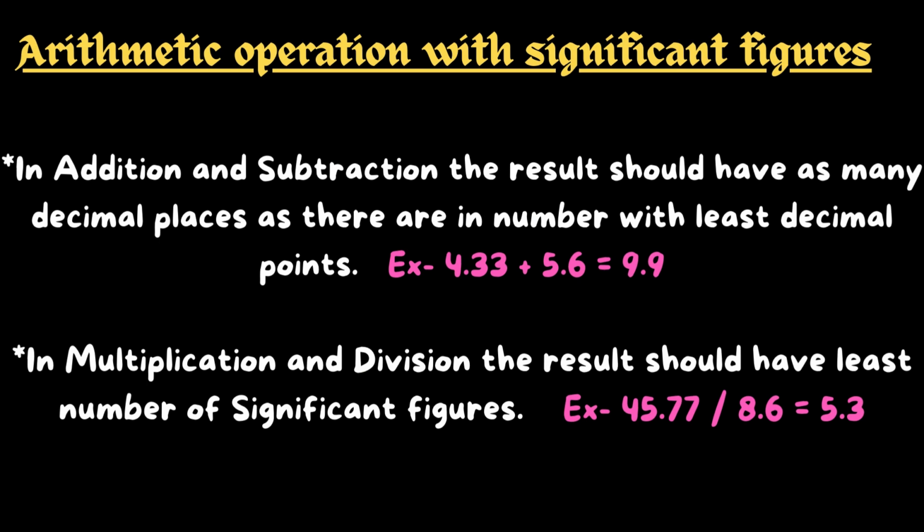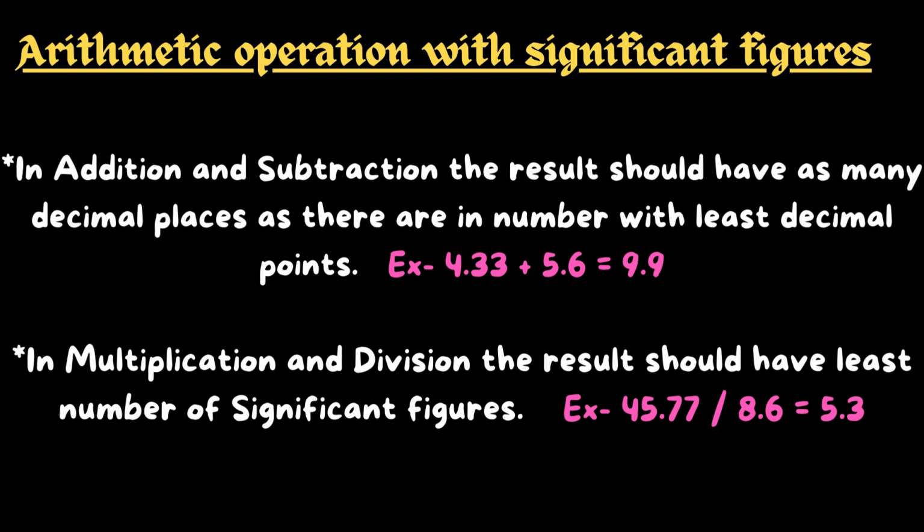Students, we have seen what are significant figures and how to find out the number of significant figures. Now we will find out how to perform arithmetic operations with significant figures, that is addition, subtraction, multiplication and division. There are certain rules to perform these arithmetic operations.